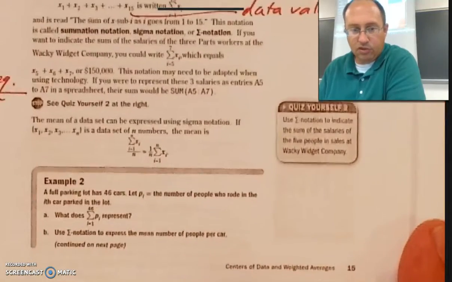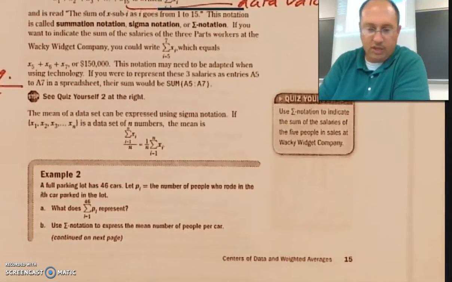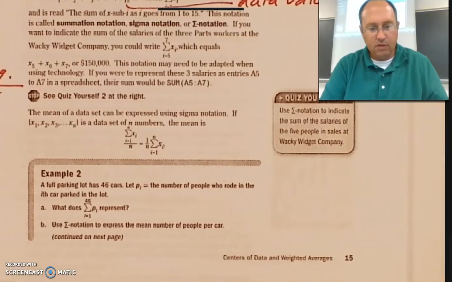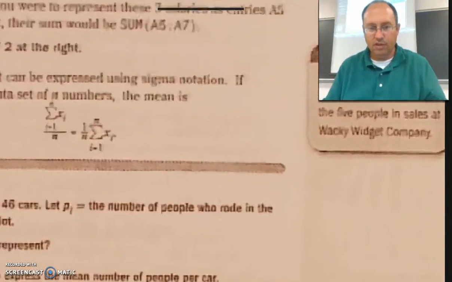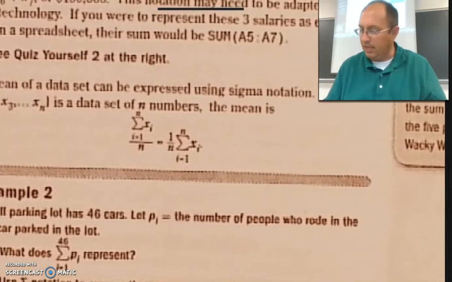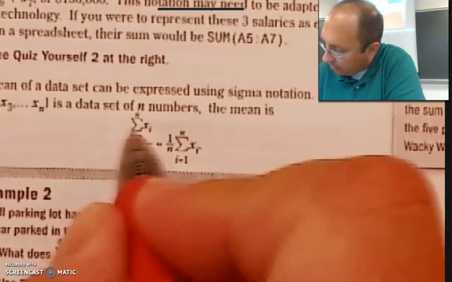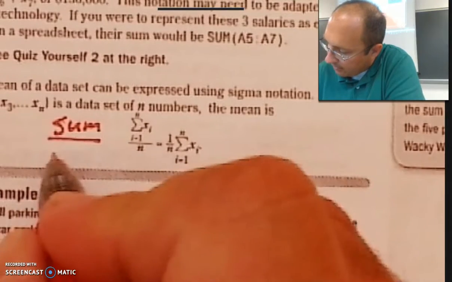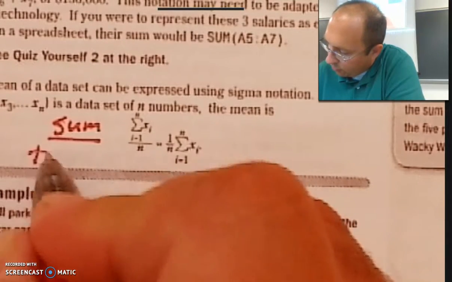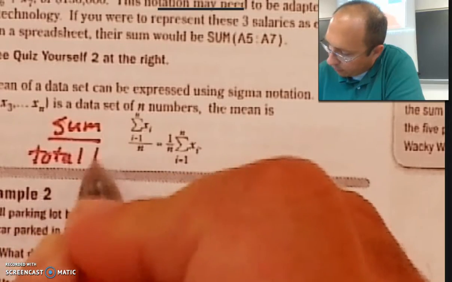Okay, also just as a way to remind you about the mean of a data set, the definition: we know that the mean of a data set can be found by taking the sum divided by the total number of values.